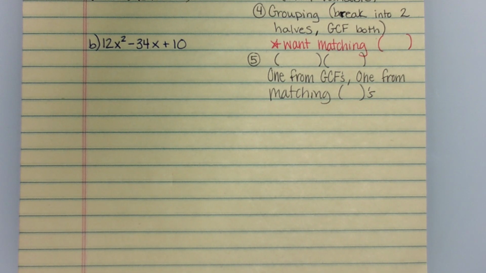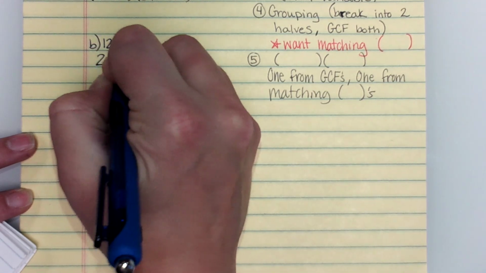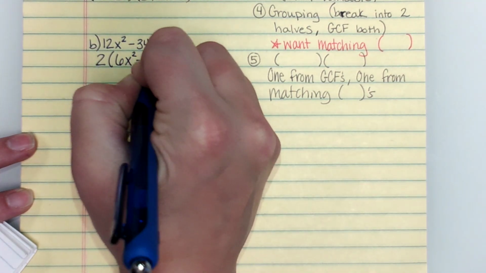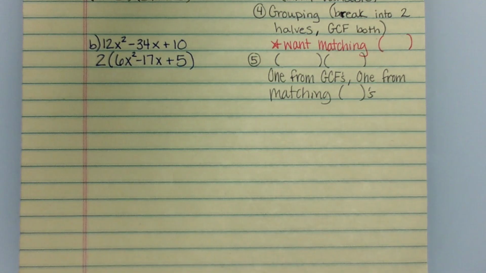That's how we always start AC method. What's something we should always do first? What's the greatest common factor? Is there something that divides out of all these? 2. 6x squared minus 17x plus 5 after I factor out that GCF of 2.